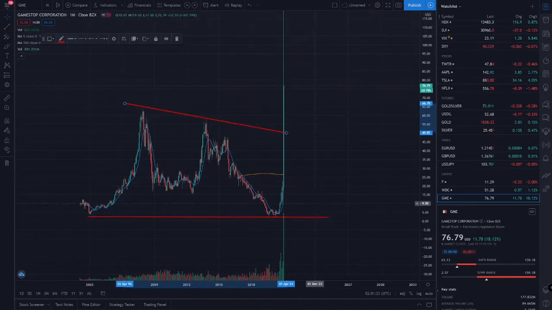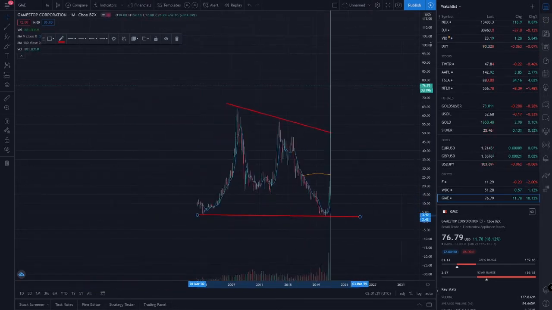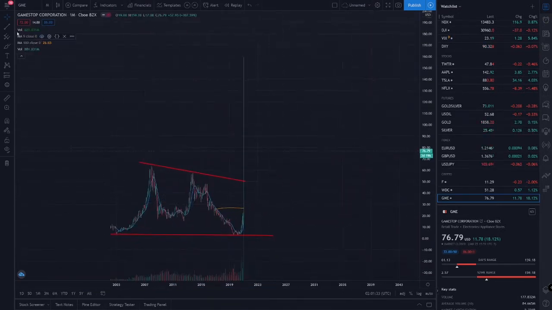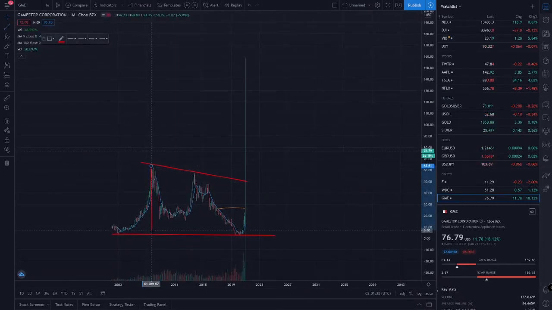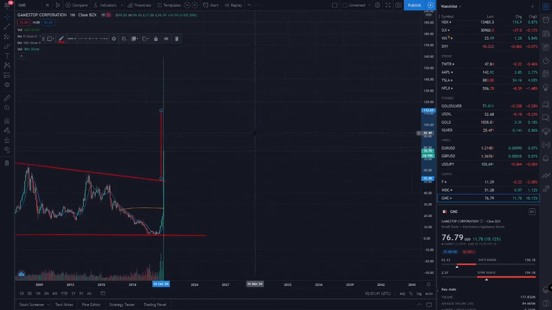Okay. Now we have those bottoms right there. And if you calculate from here to here, it actually did go all the way up there, but we came back down.